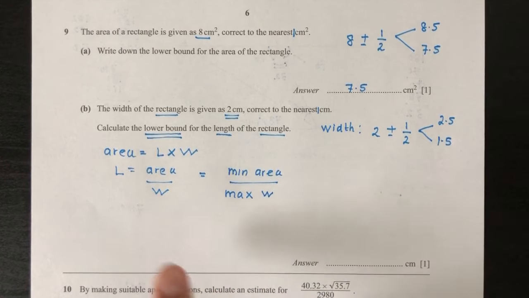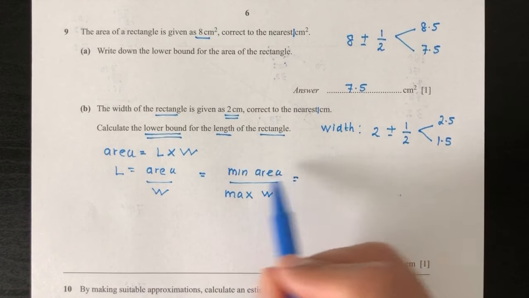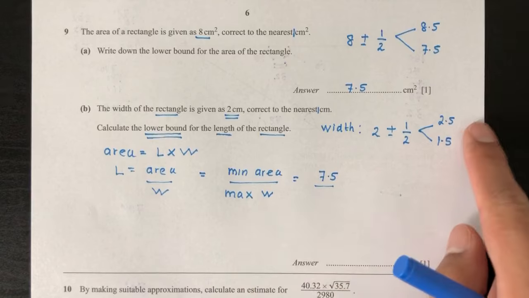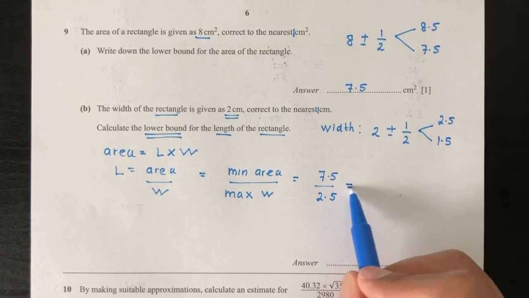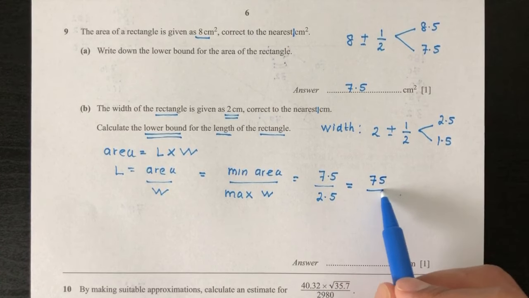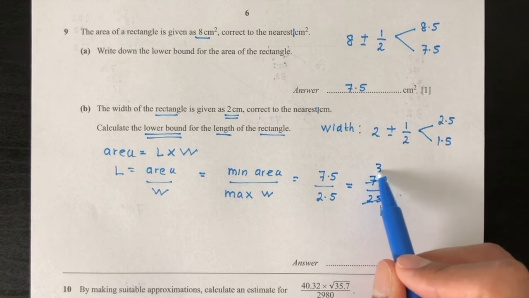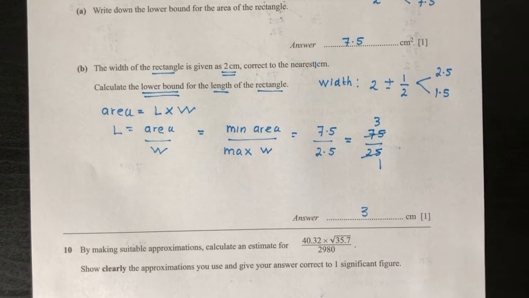So minimum area was 7.5, max width was 2.5. So simplify, that should give you what? If you want to remove the decimal place, 75 over 25, divide by 25, that is 1 over 3... so your answer is 3 for your lower bound of your length.